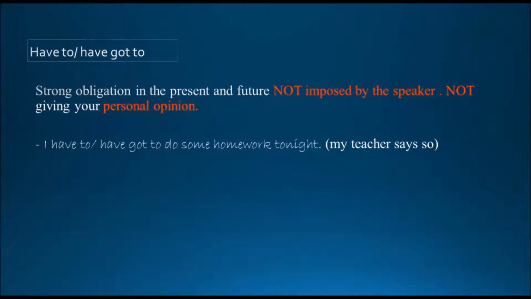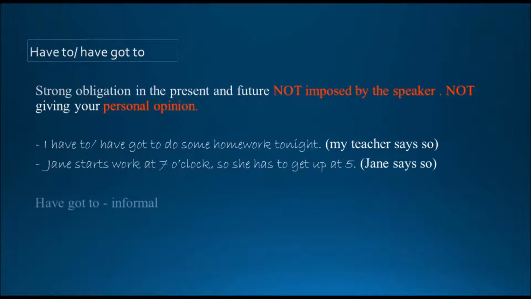My teacher says so. Jane starts work at 7 o'clock, so she has to get up at 5. Jane says so. It's not my opinion. There is no difference in meaning between have to and have got to, though have got to is a bit informal.